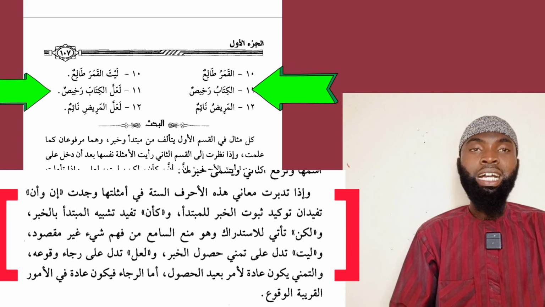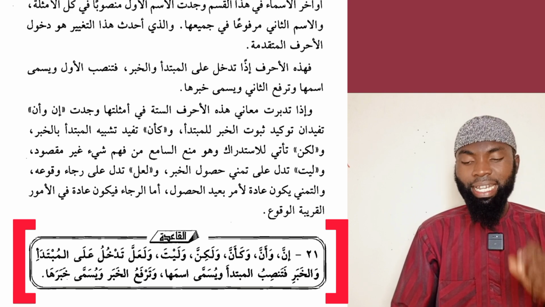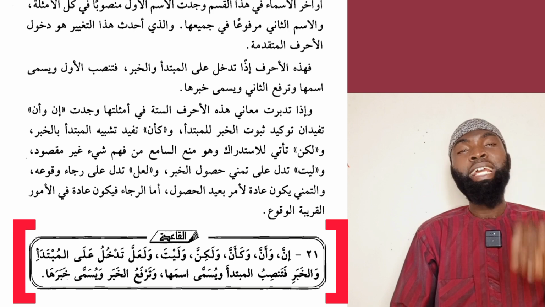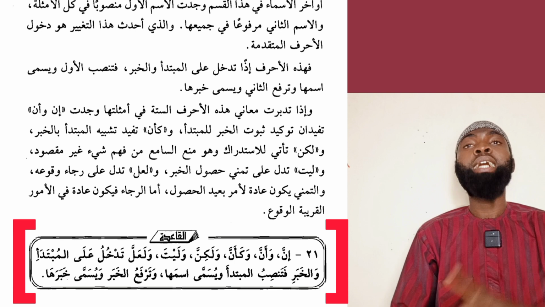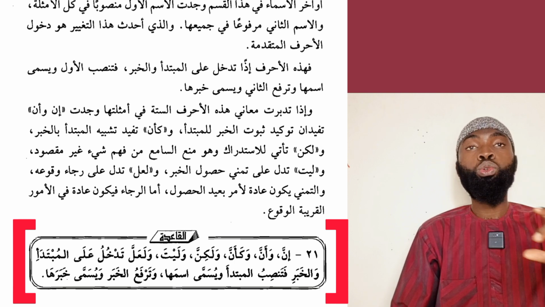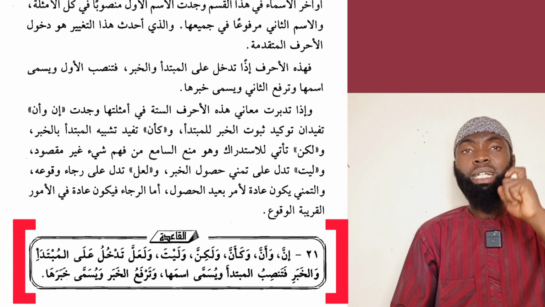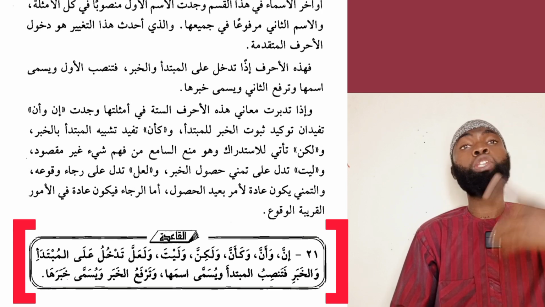Let's move on to al-qaida, which is the rule to simplify this topic for us. It says inna wa anna wa ka'anna wa lakinna wa layta la'alla. These six particles tadkhulu al-mubtada or al-khabar. They are usually introduced to a nominal sentence which contains a mubtada, subject noun, and also al-khabar, the predicate. Fatansibu al-mubtada.